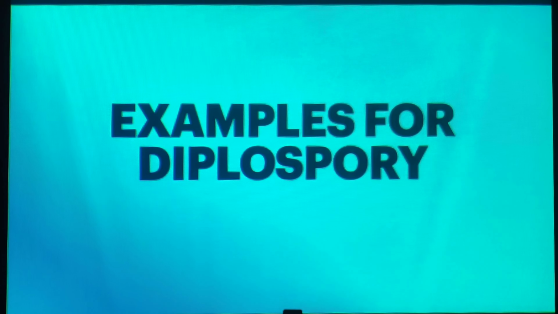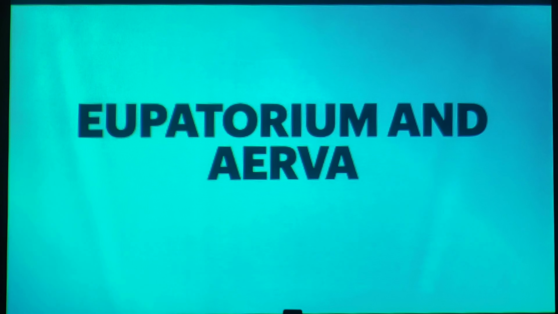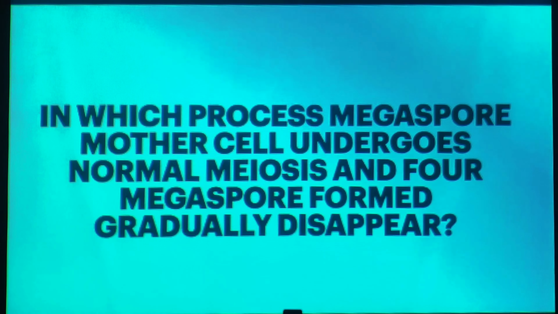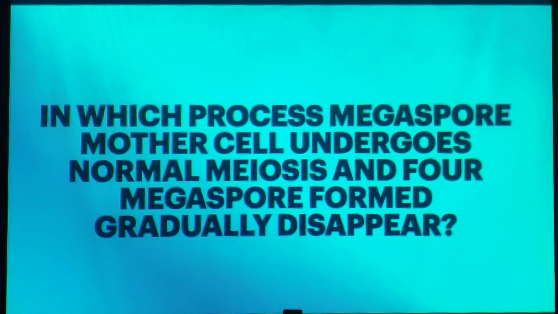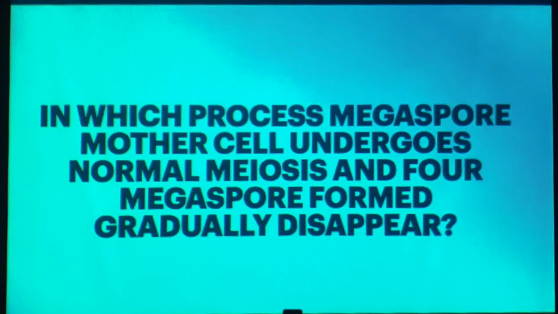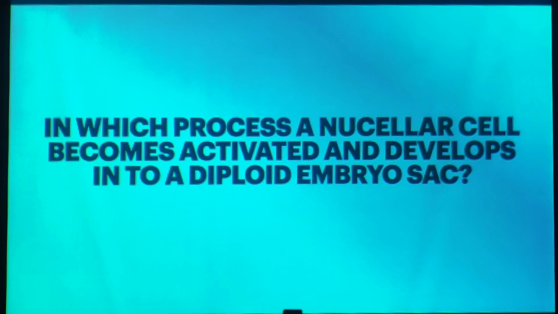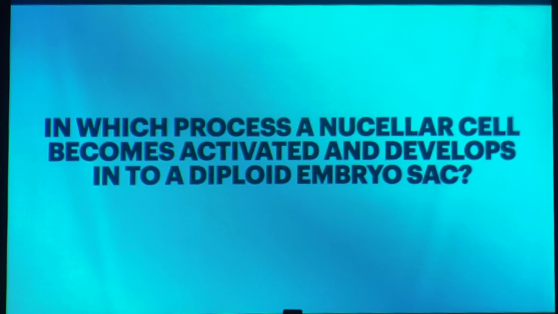Examples for diplospory: Eupatorium and Yerba, in which process megaspore mother cell undergoes normal meiosis and 4 megaspores formed gradually disappear. Apospory, in which process a nucellar cell becomes activated and develops into a diploid embryo sac.